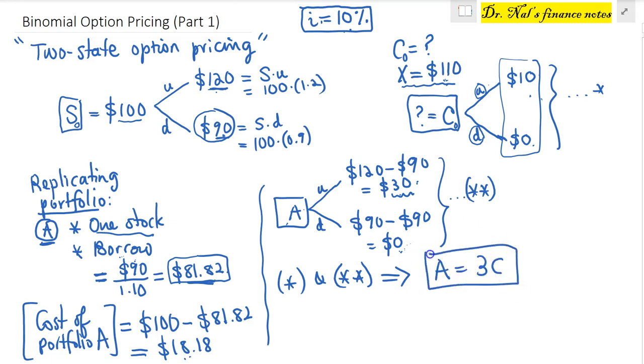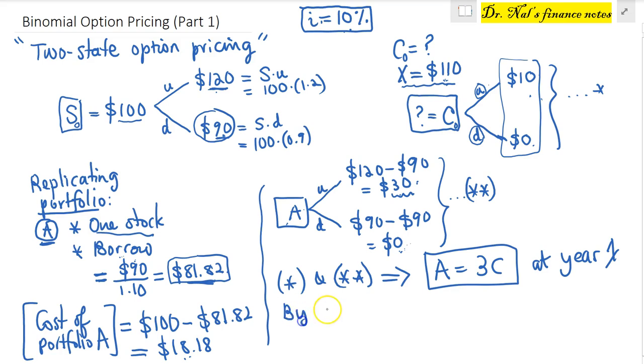So A being equal to 3C means, in terms of the outcome at year one, so by the no arbitrage opportunity, their costs should have been equal as well.